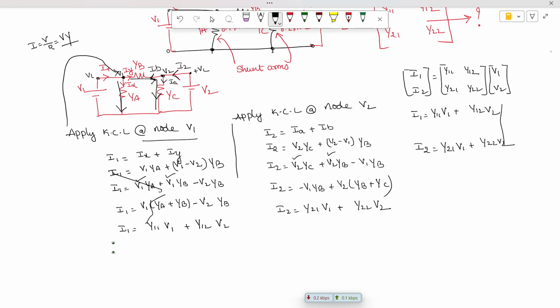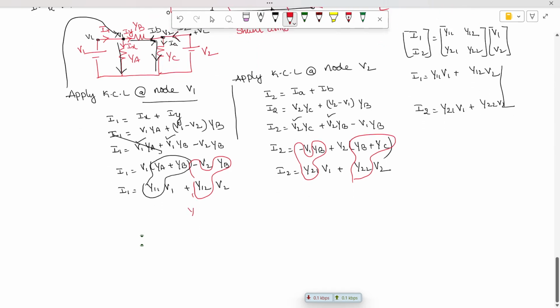Comparing, this is the expression of Y11, this is the value of Y12, this is the value of Y21, and this is the value of Y22. Written in the standard format: Y11 is equal to YA plus YB, Y12 is equal to minus YB, Y21 is equal to minus YB, and Y22 is equal to YB plus YC. So these are the values we have obtained.